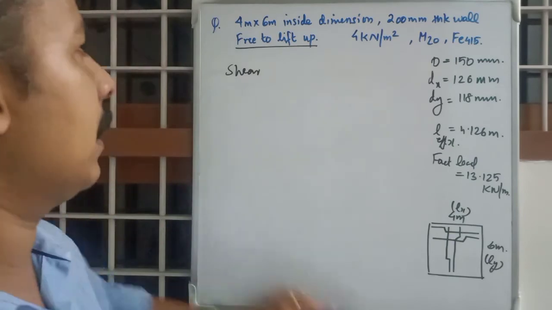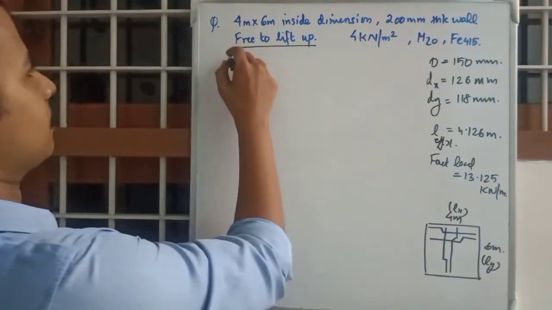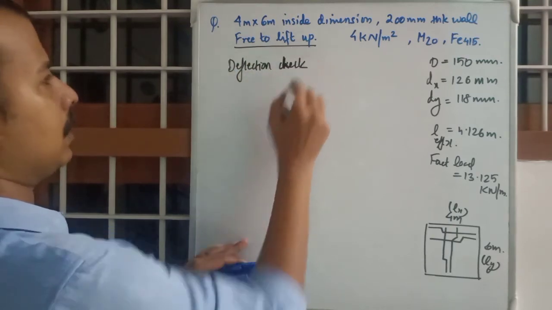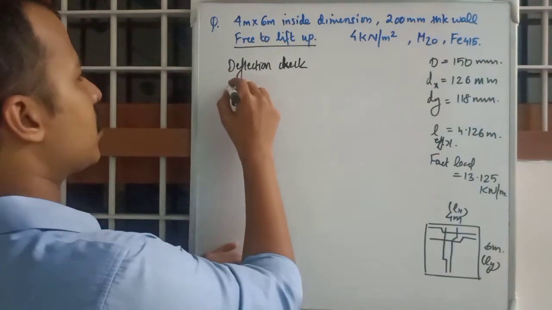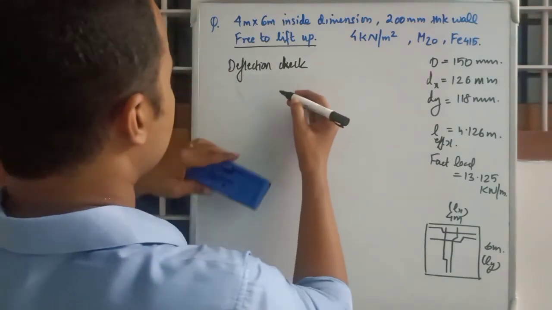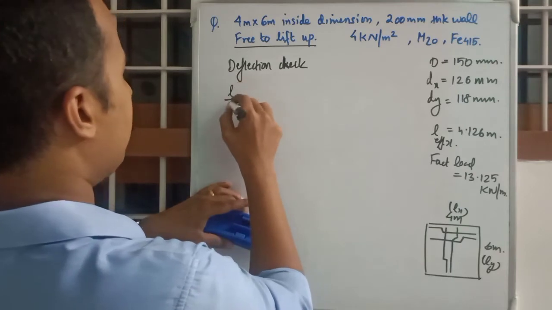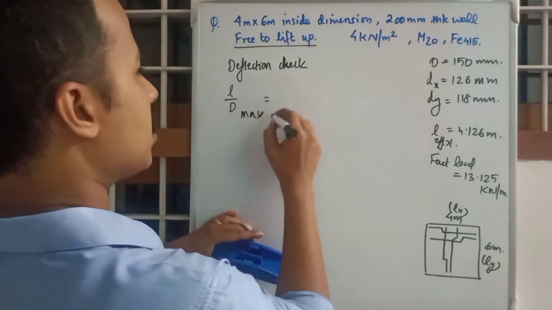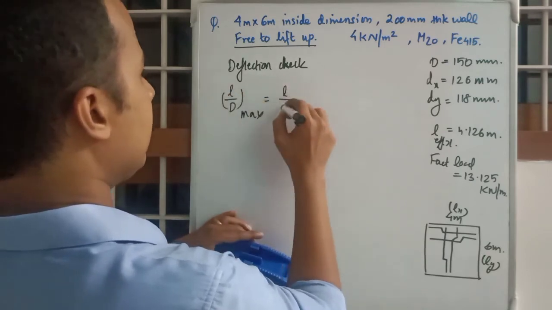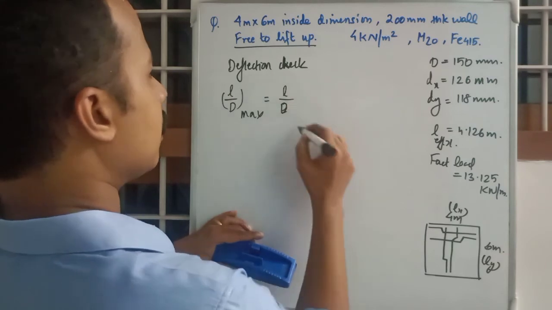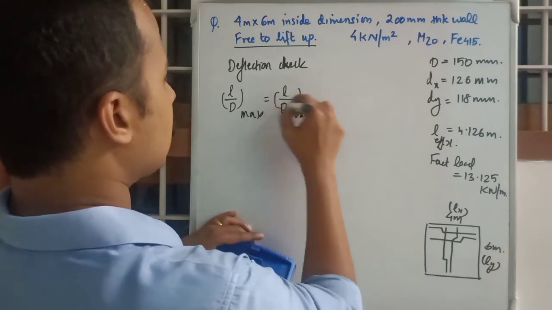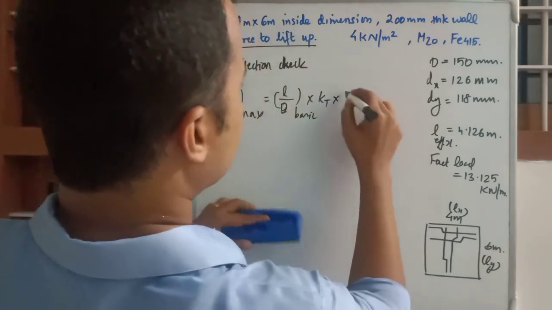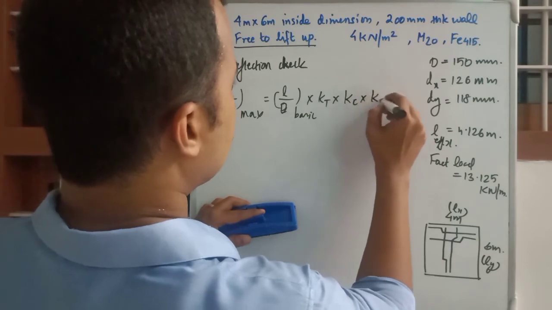And the next one, deflection, the last step. Check for deflection. Okay, same equation. L by D maximum is equal to L by D basic into KT into KC into KF.